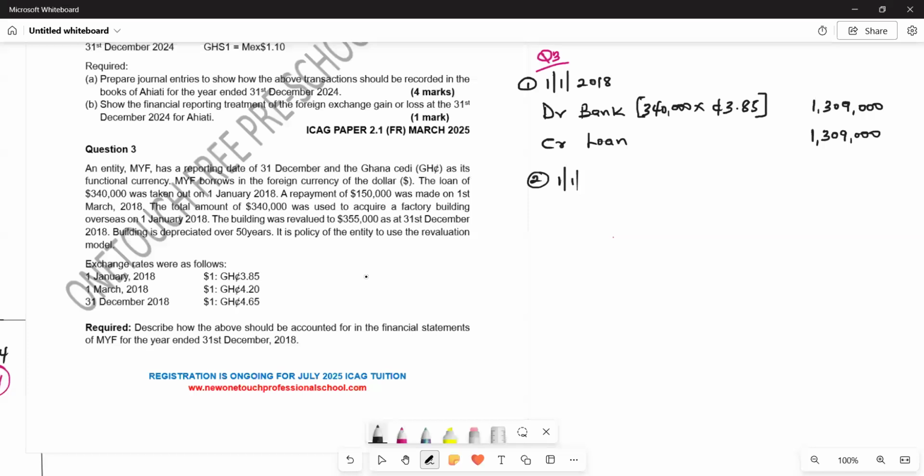This one, all we are doing is workings, describing how it should be treated in the financial statements. Provided you put narration there, would they mark you wrong? You waste your time. Nobody will give you any marks for it, so it's a waste of time.